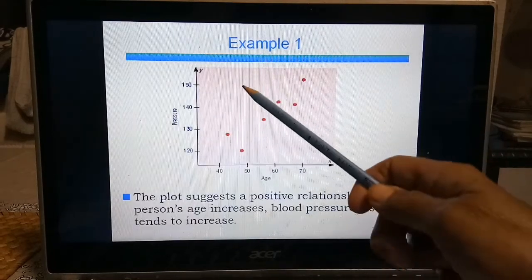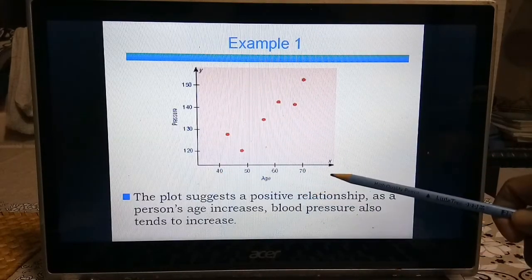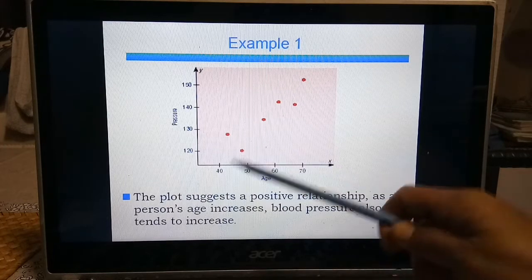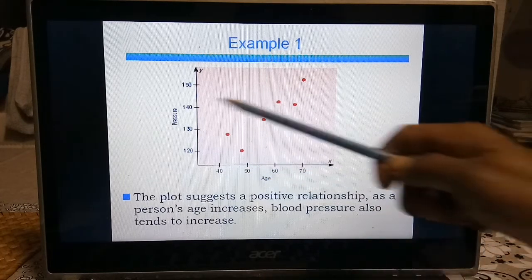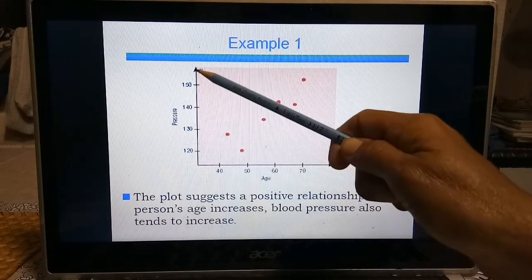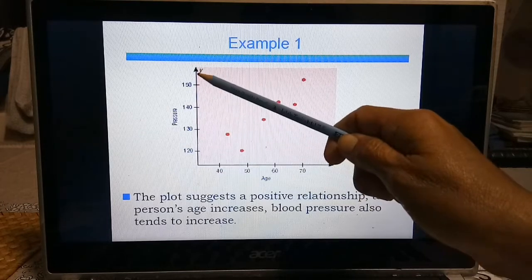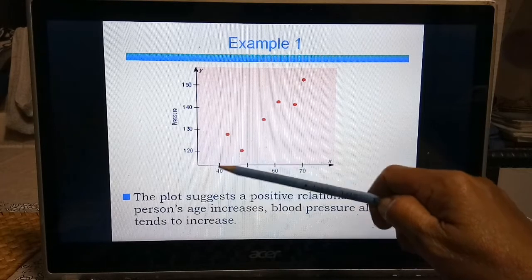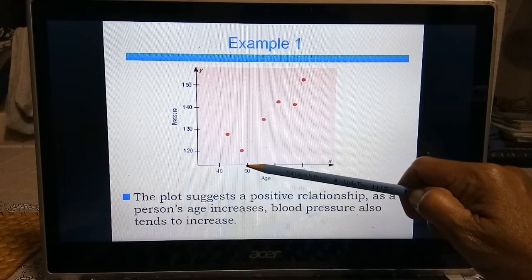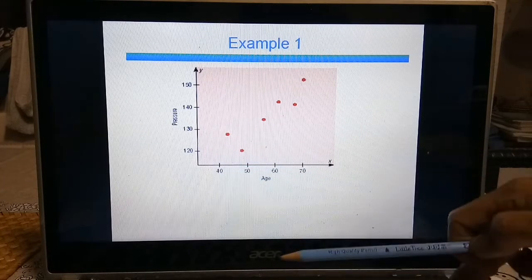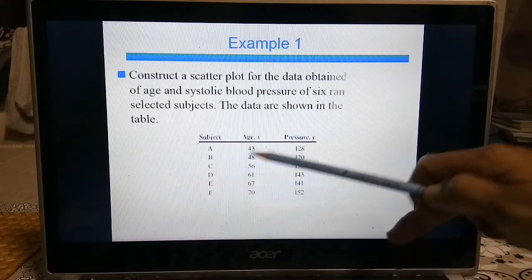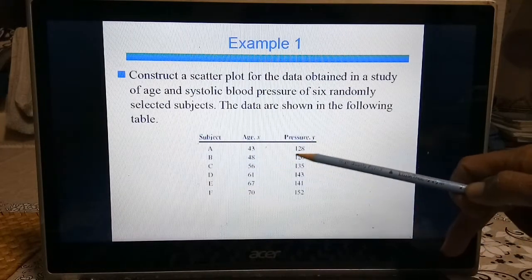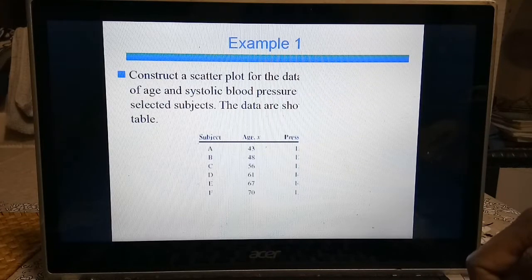So for the scatter plot, kita plotkan X dan Y, di mana X adalah independent variable iaitu umur, titik-titik yang kita plotkan. And then blood pressure adalah dependent variable untuk nilai-nilai Y. So kita plotkan bila umur sekian, berapa blood pressure dia. Okay, daripada sini untuk umur 43, blood pressure 128.